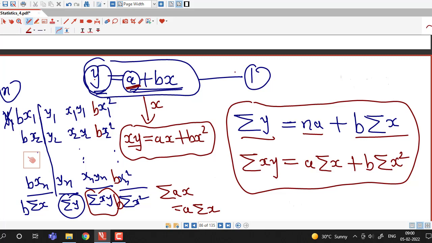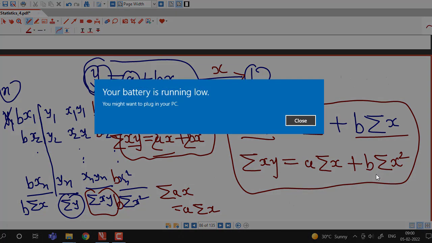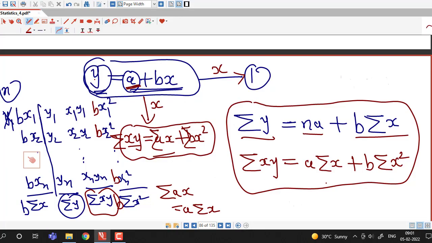Then we multiply this equation 1 by x and we obtain x into y equal to a into x plus b into x square. Now we take summation on both sides of this equation. So sigma xy equal to sigma ax, that is a sigma x, plus sigma b x square, that is b times sigma x square. So in this way we can write down the normal equations.